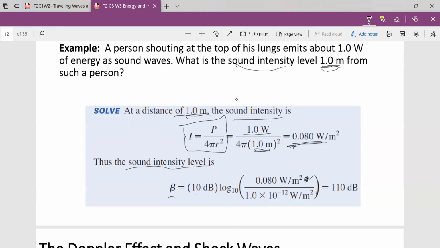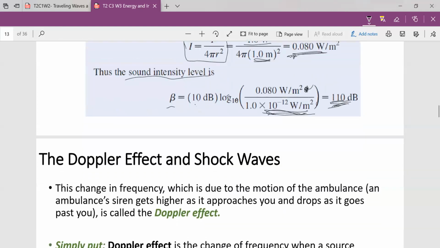We know this is a constant from that table. And we have log 10 of this value in brackets multiplied by 10 to get 110 decibels. So this is the sound intensity level of that person at that distance. Okay.